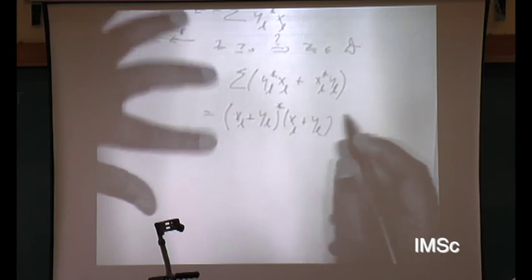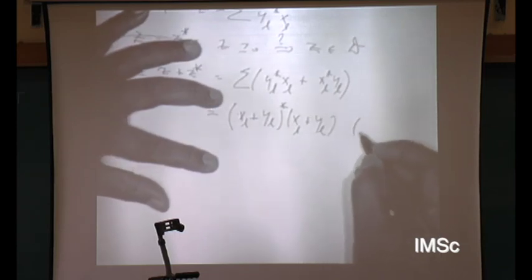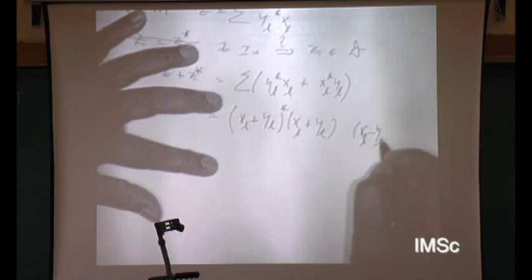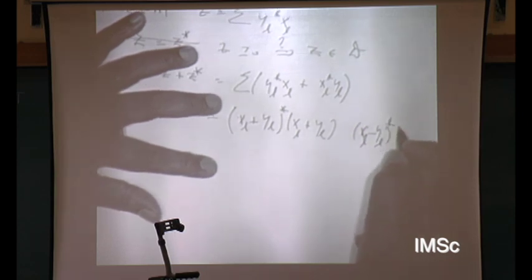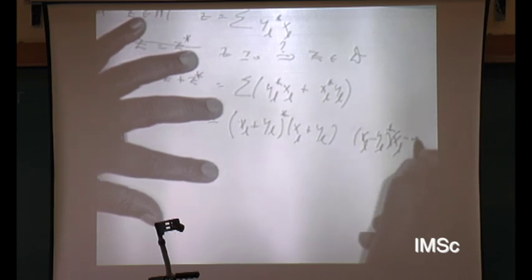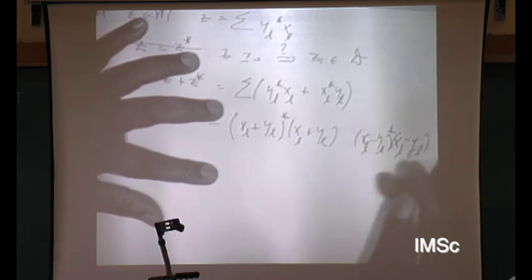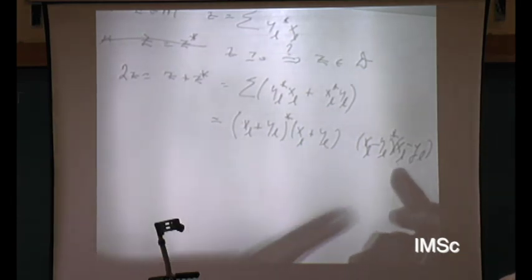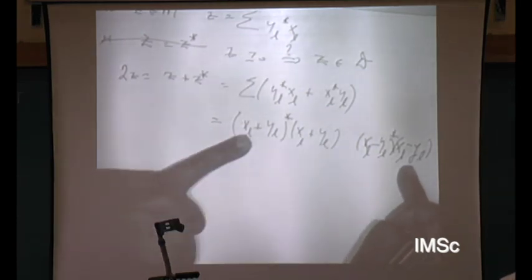So if I take this and if I take (X_L minus Y_L) star (X_L minus Y_L), if I compare these two, only the cross terms will be negative here and positive there.